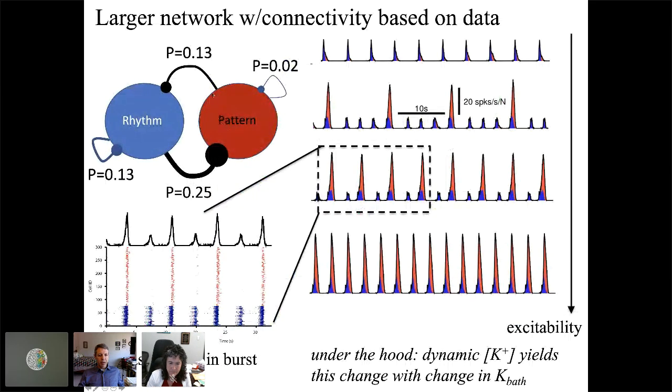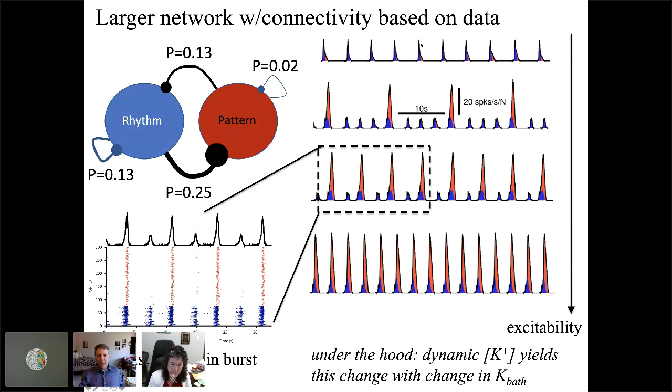And sure enough, when we build a large network, so we have a population of rhythm-generating neurons, these blue guys down here, and we have this population of follower neurons, and we adjust the synaptic connectivities based on various information in the literature, we can see that we can get these alternating burstlets and bursts depending on whether we get recruitment of the follower through the buildup of the calcium inside those cells, causing this nonlinear calcium-induced calcium release.